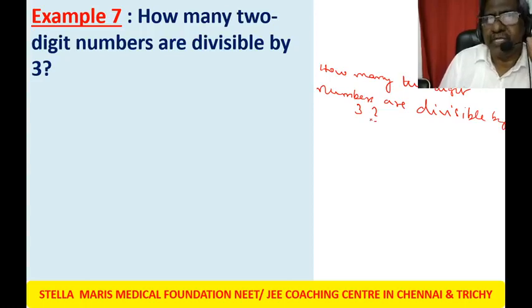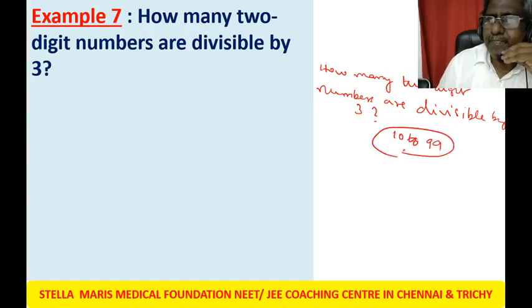See, the first two-digit number divisible by 3 is how much? What is a two-digit number? It starts from 10 and ends with 99.